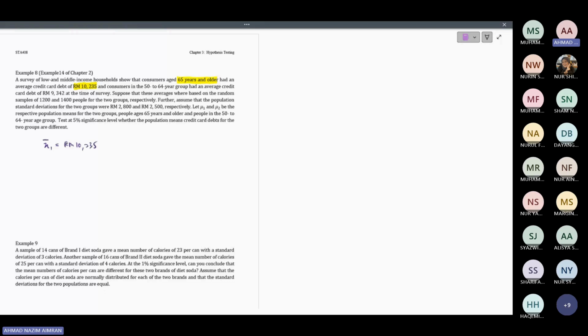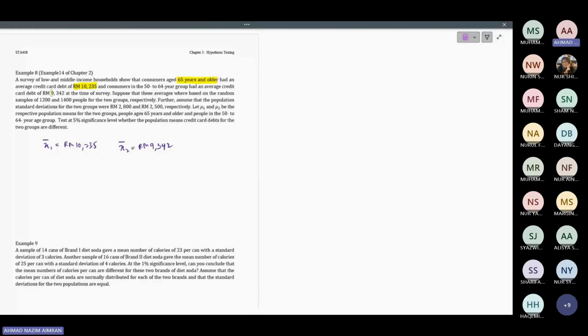And consumers aged 50 to 64 years old had an average credit card debt of RM 9,342. So this is our second sample mean, 9,342. At the time of the survey.